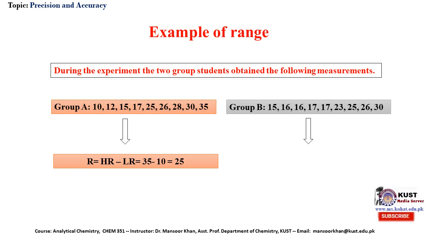Range is the highest reading minus the lowest reading. So the highest reading is 35 and the lowest reading is 10 for group A. So the value of range for group A is 25, while on the other hand, the range value for group B is 15.